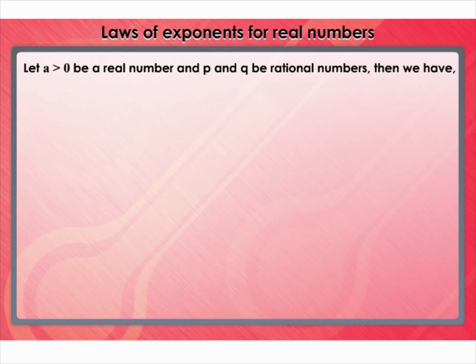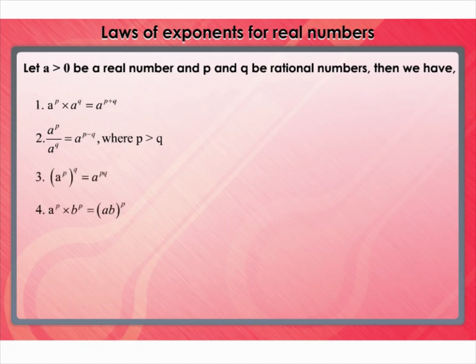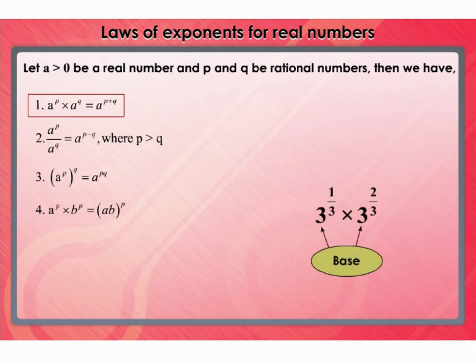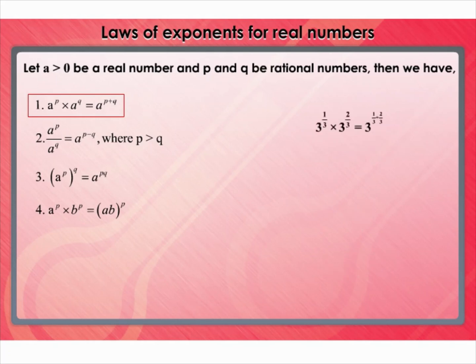Let a be a real number greater than 0, and p and q be rational numbers. Then we have the following laws. Now consider the example. Here 3 is the base, and the exponents are 1 by 3 and 2 by 3. Now let's simplify. We get 3.